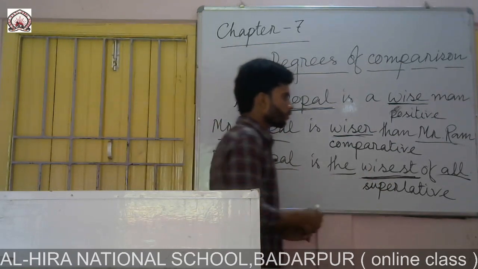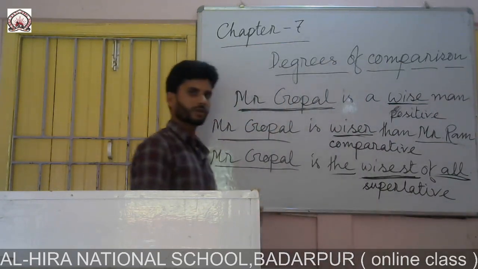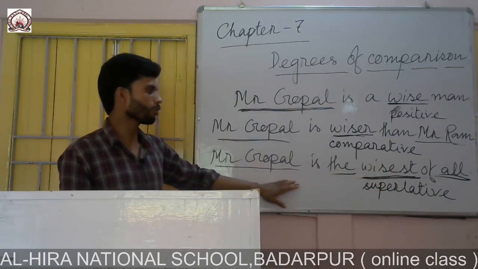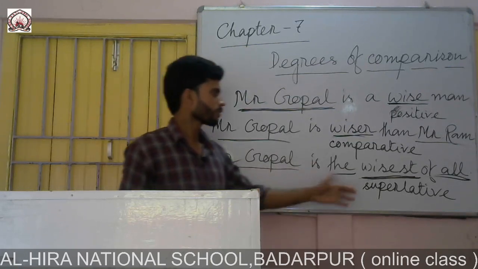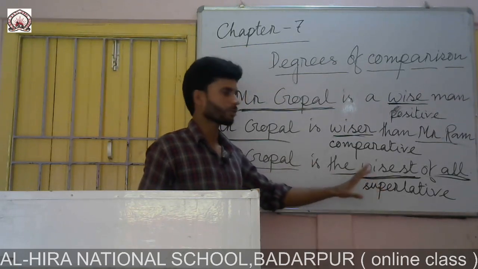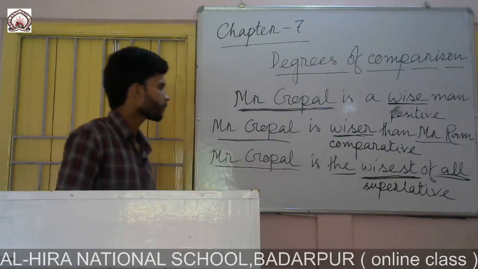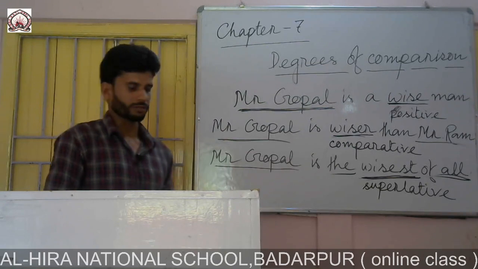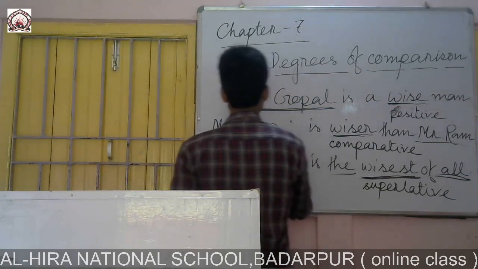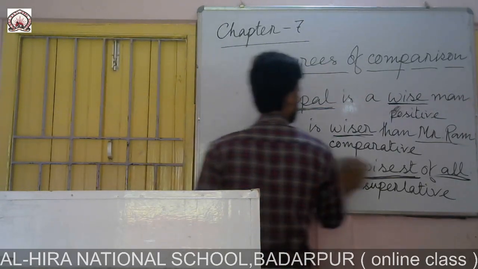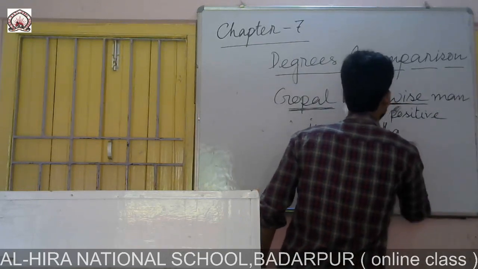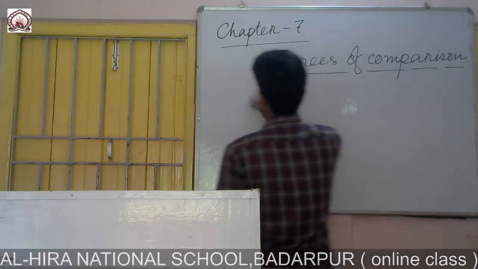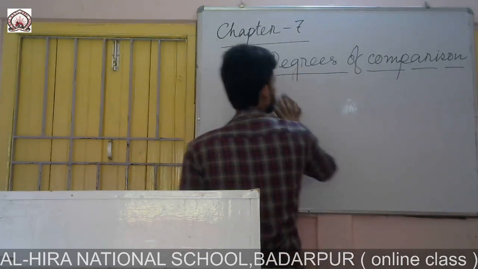You see, as I used this word all here, it clearly showed that we were talking about more than 2. So, superlative degree is used to describe more than 2. So, these are the 3 degrees of comparison. Now, let us change some positive degrees to comparative and superlative. There are some words you will get in the book.